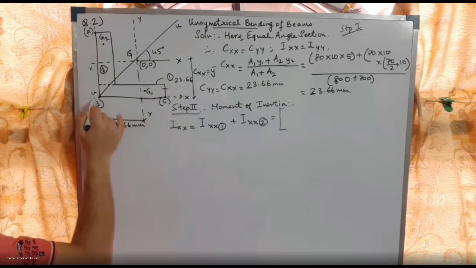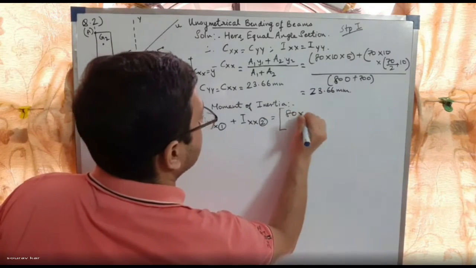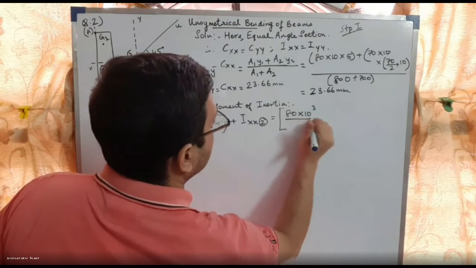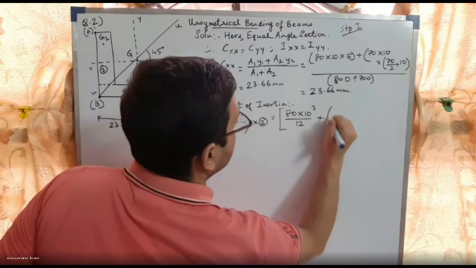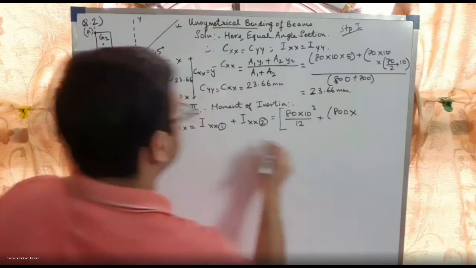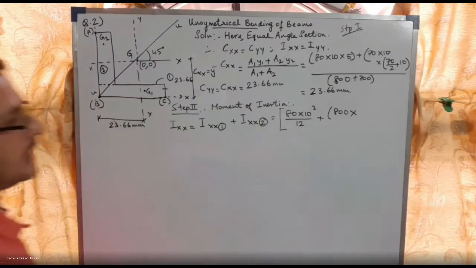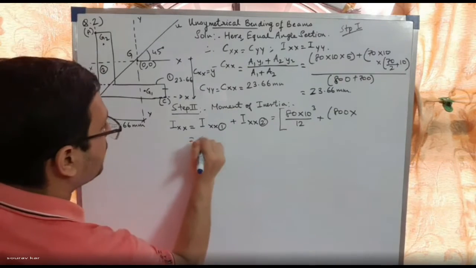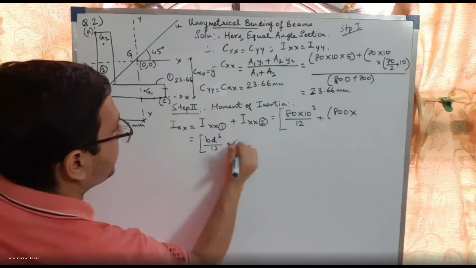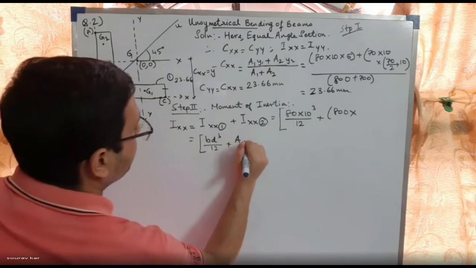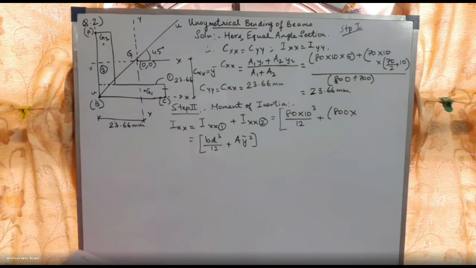So bd cubed by 12, where b is 80 and d is 10, plus area 800 into the distance between the two CGs, x bar squared. So our main formula is bd cubed by 12 plus A into y bar squared.